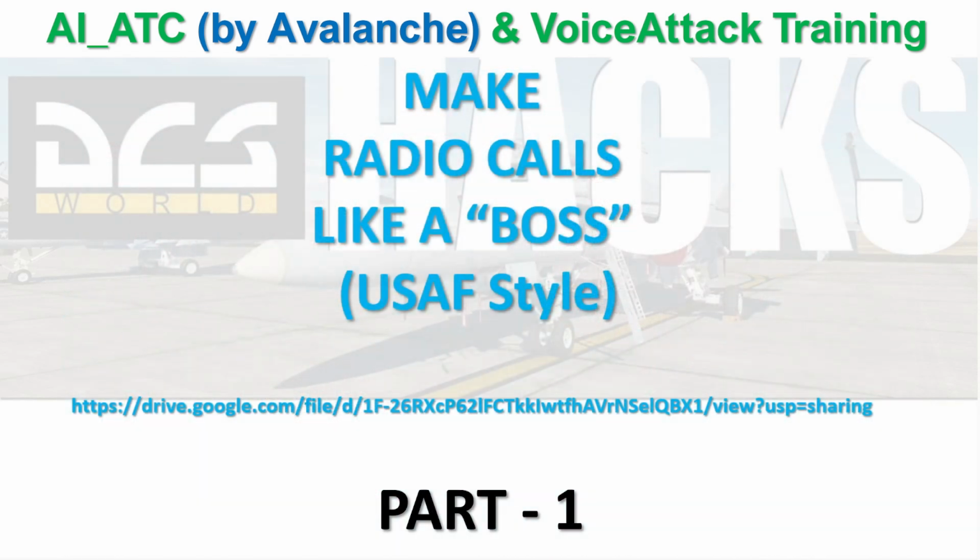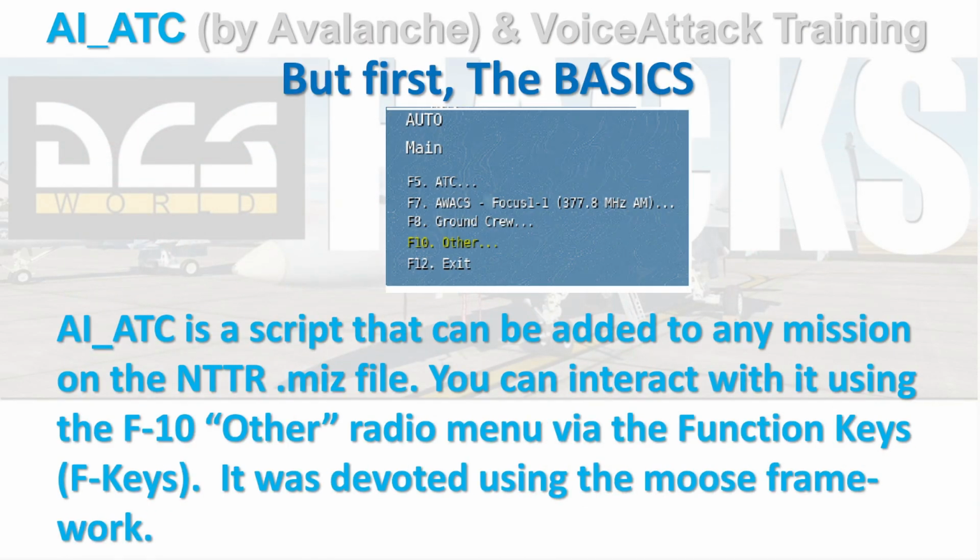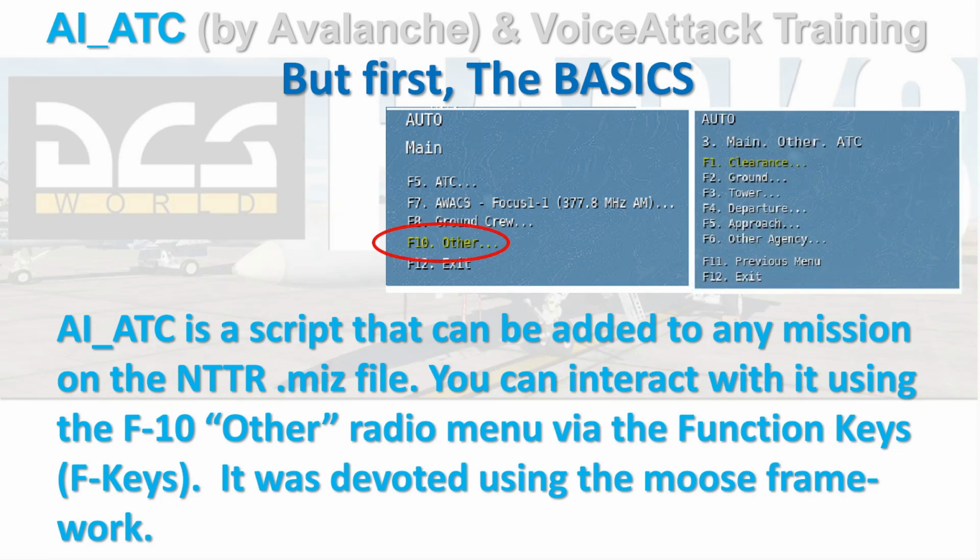This is part one. Let's do a little basics on AI ATC, okay? AI ATC is actually a mod or a script that you can add to any Nellis NTTR mission file along with audio sound files, and it allows you to interact using the F10 other function key when you have the radio menu brought up.